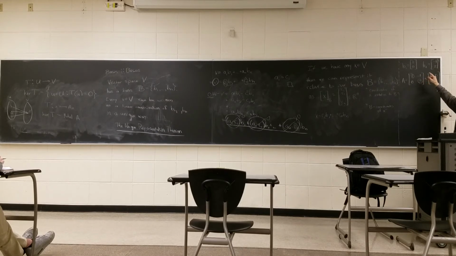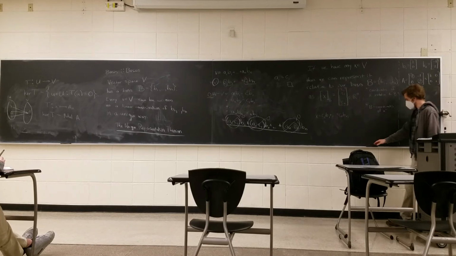We have to find out if one of them is in the span of the other ones, which is a much stronger statement. In general, row reduction is a very efficient algorithm for figuring out if they're linearly independent. In this case, though, we could just look and say that this one has a 0 here, and this one doesn't, so one is not a multiple of the other. Okay. So first of all, this is a basis.